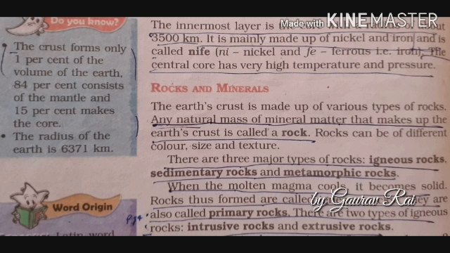The innermost layer is the core, and the radius is about 3500 kilometers. It is mainly made up of nickel and iron, and we can say it Nife, Ni from nickel and Fe from ferrous.